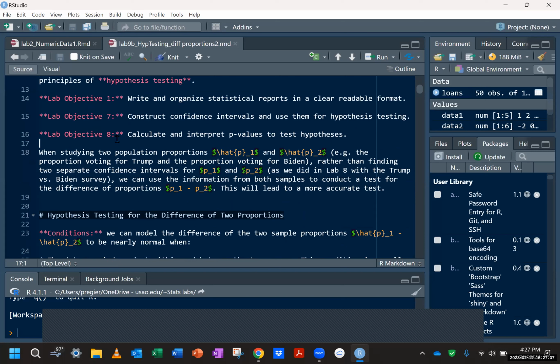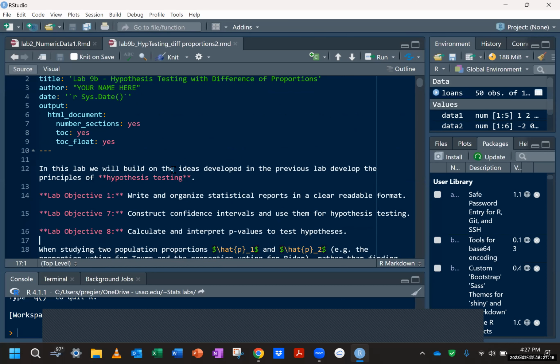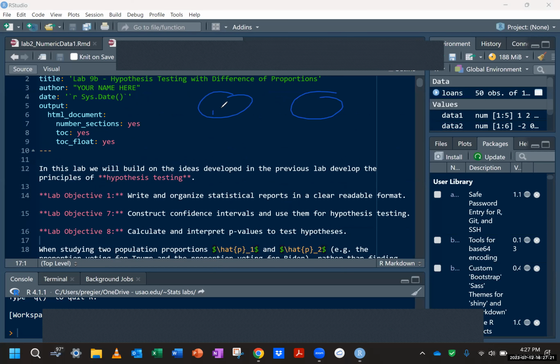And I'll use my pen to draw some of this out. So here's what we got. We have, in theory, two populations, population 1 and population 2. And to understand them, we're taking a sample 1 and a sample 2.